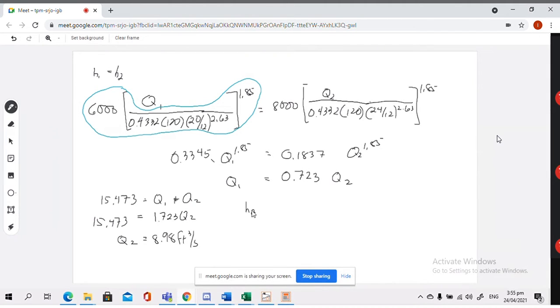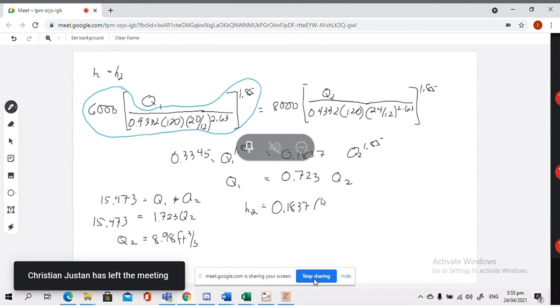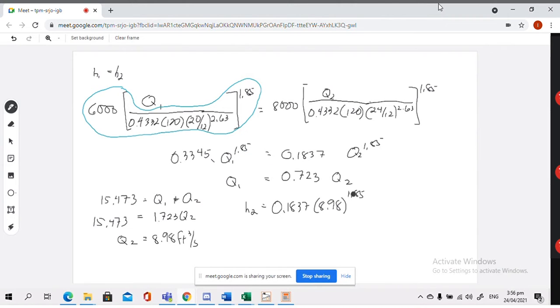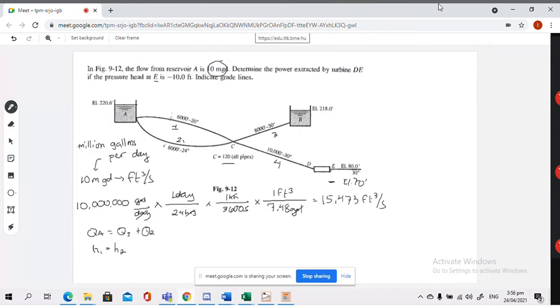So substitute here. Head loss 2 is equal to 0.1837 times 8.98 to the 1.85. So that is 10.658 feet. Okay. So if we go back, this is 220.6.